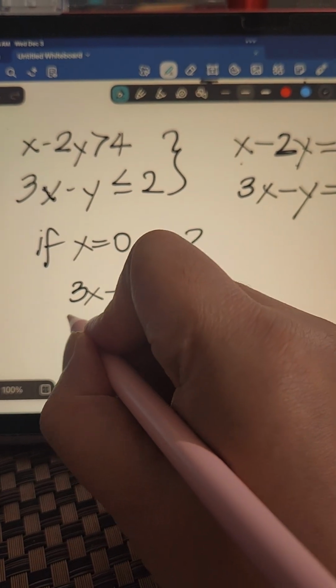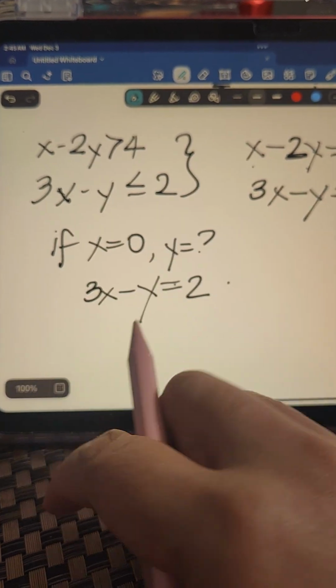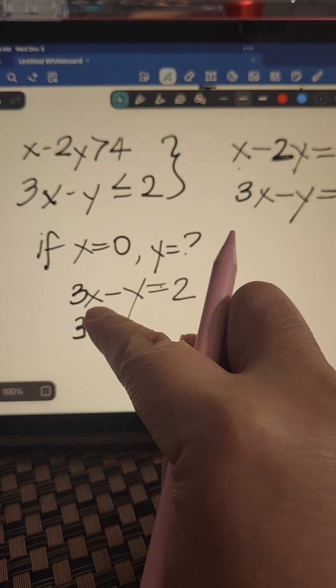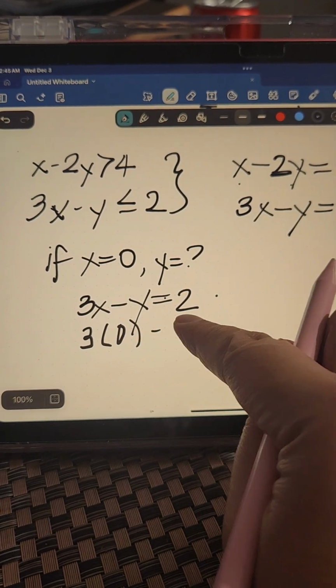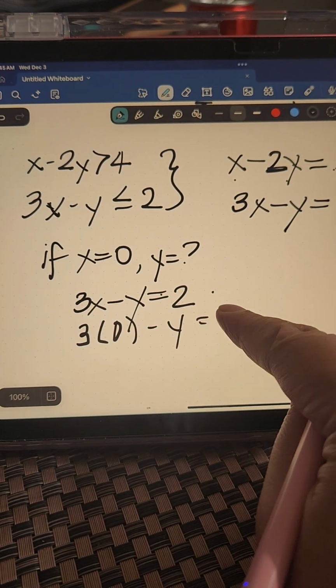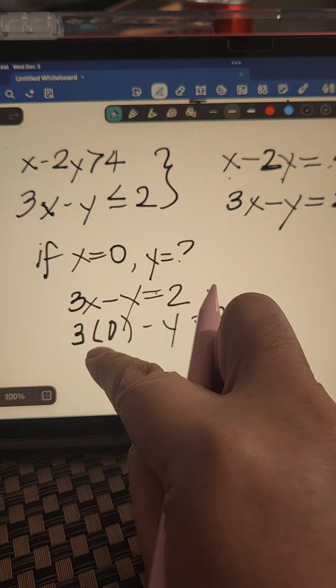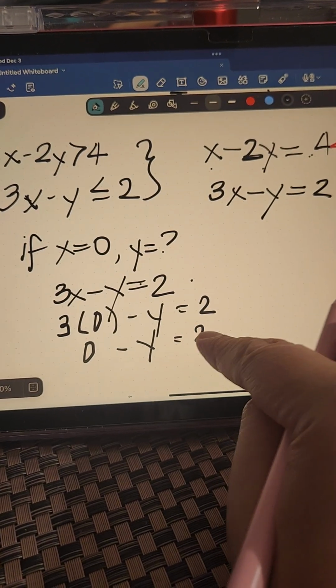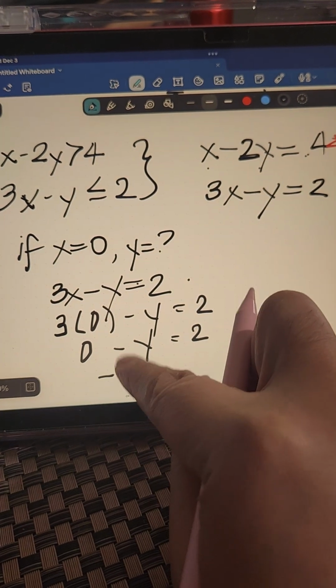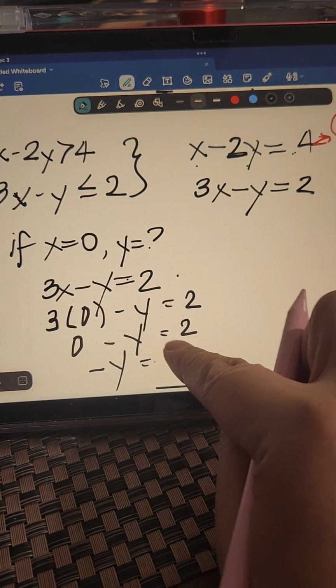So substitute natin 3 times 0 minus y equals 2. So 3 times 0 is 0 minus y equals 2. So minus y equals 2.